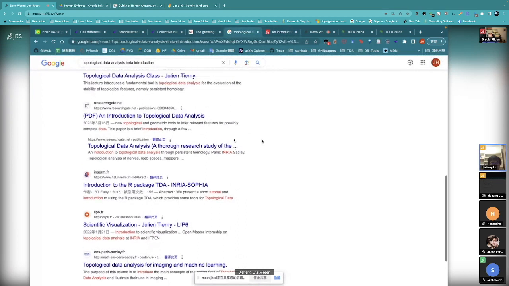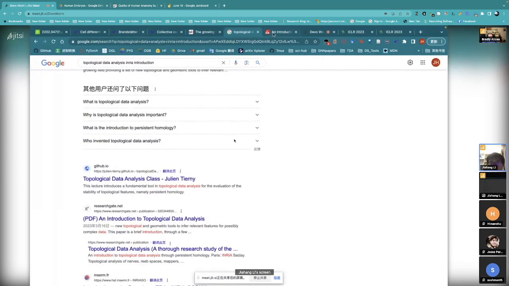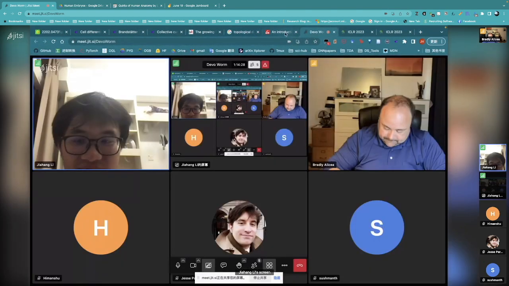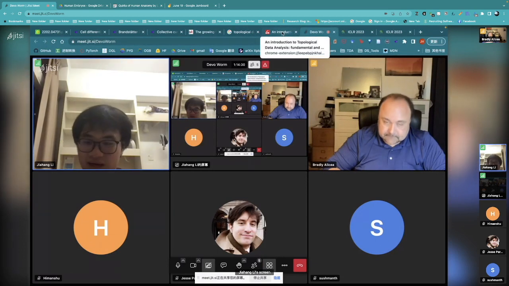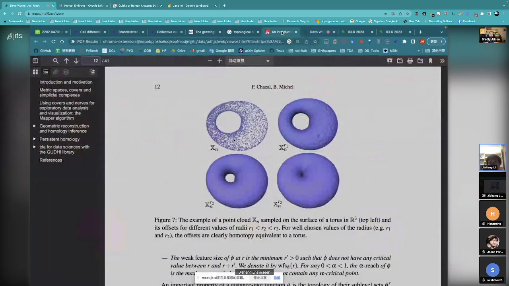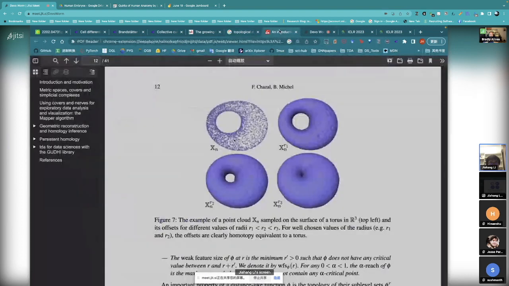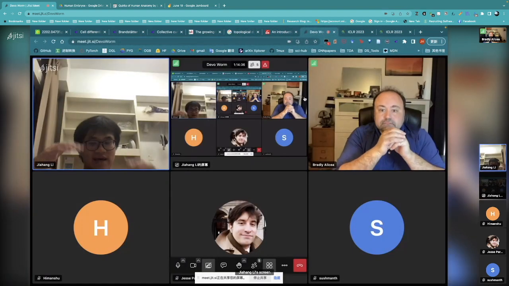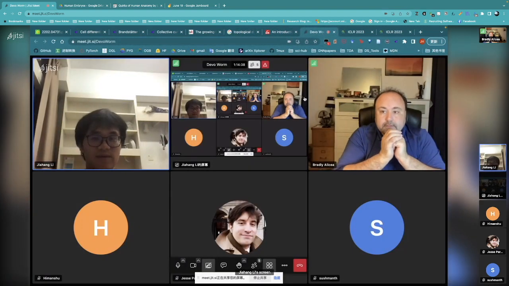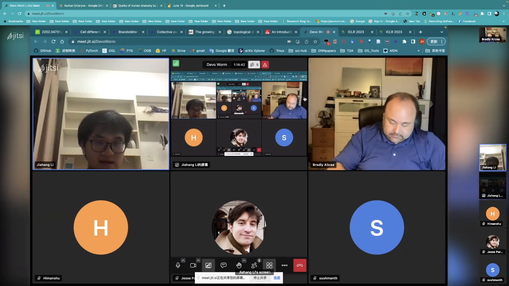I think I won't introduce persistent homology today because we've taken a very long time. But what I want to say is that we can see there are lots of topological signatures during the cell development process.